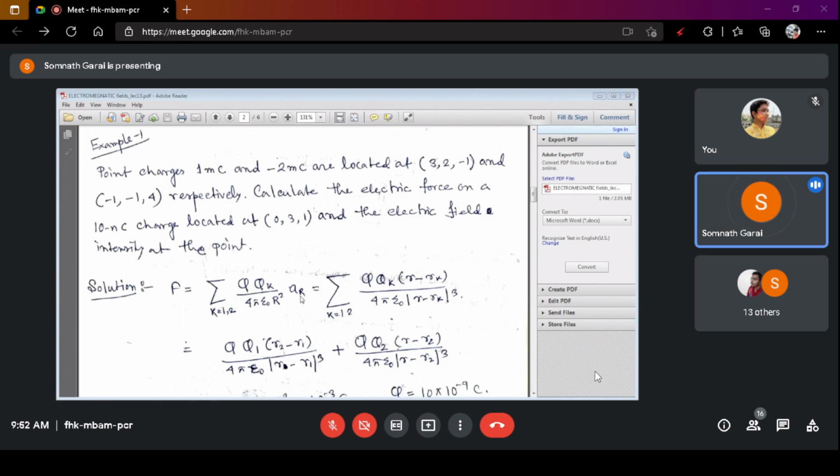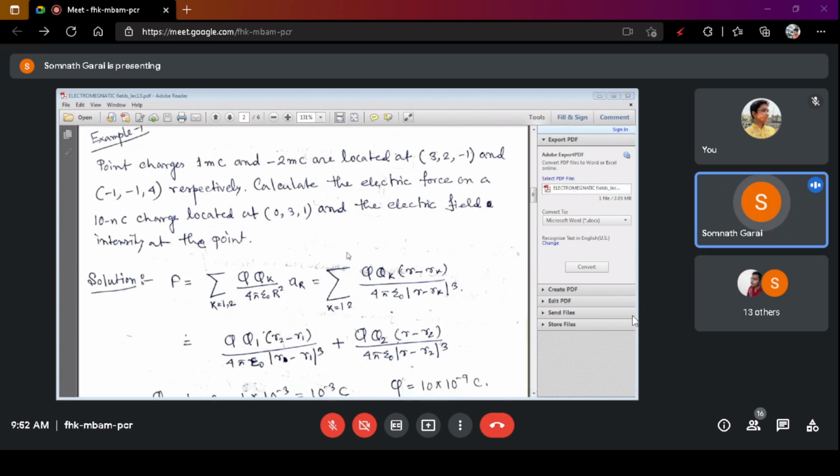Right? Now, if we represent it in a vector form, the equation becomes summation of k equals 1 to 2, Qk (R minus Rk) divided by 4 pi epsilon naught mod of R minus Rk cube. Right?